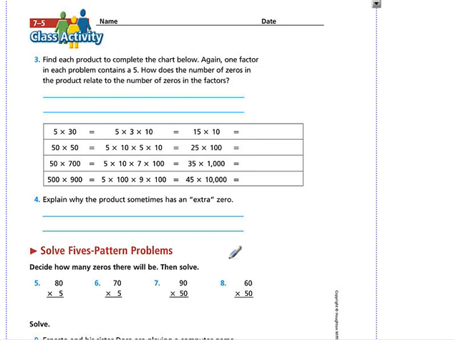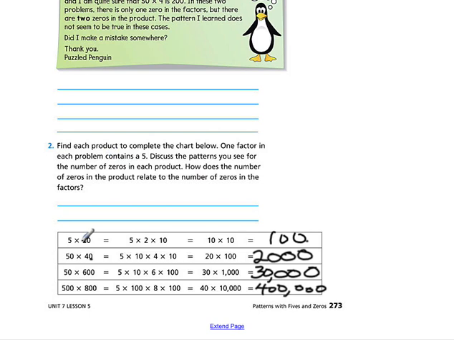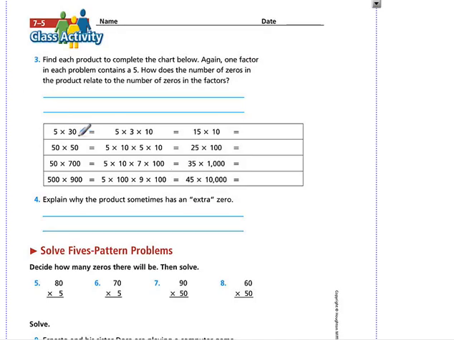So let's look at the next page. Alright, so now we have something similar. So I'm going to go back here real quick. So this was 5 times an even number. Now we have 5 times an odd number. So 5 times 3 is 15. And then we have the 1 zero here. So we add it. 5 times 5 is 25.